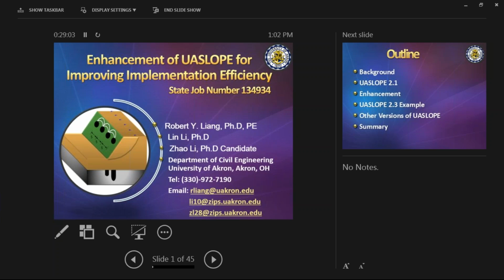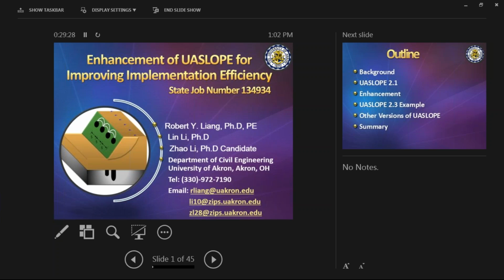The scope of this work is to improve the earlier version of the UASLOPE to help the engineers to use the program easily and to enhance their design optimization process by implementing some of the useful features.